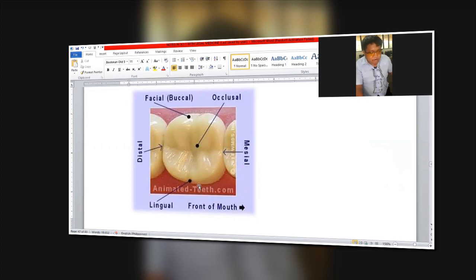Dito malapit sa iyong dila is the lingual. Opposite is the facial. Yung center is the occlusal. And distal, papunta doon sa loob. Then palabas, malapit sa iyong mouth is the mesial. And so, mesial, distal, facial, occlusal, and lingual. Okay?